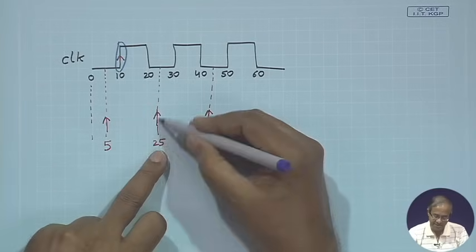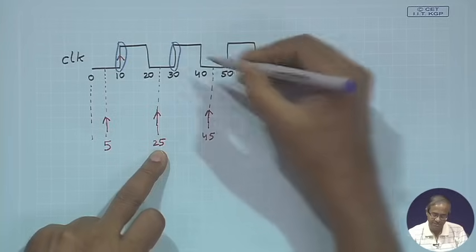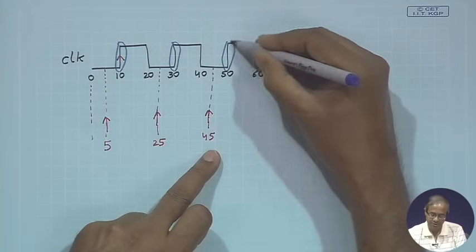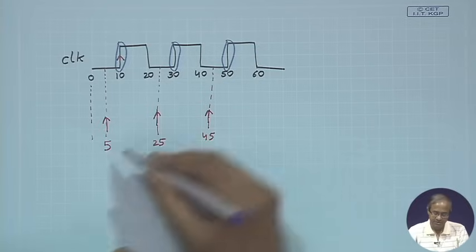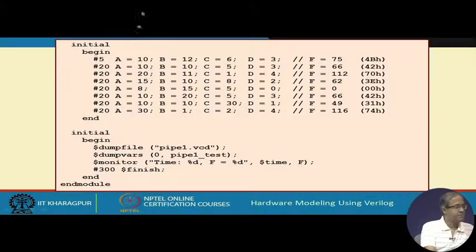If I apply the second input here, the second clock edge will be able to capture it. Similarly, the third clock edge will be able to capture it. So, in this way we are applying the inputs. There are a set of 8 sample inputs we have applied, various values of A, B, C, D. So, initial delay of 5 and then 20-20-20 gaps.